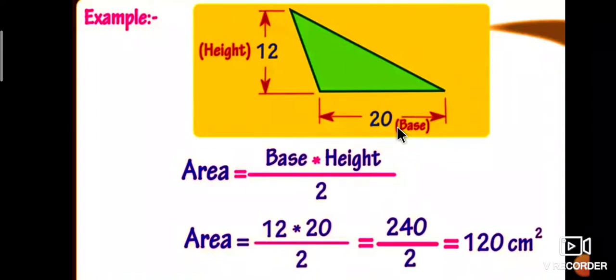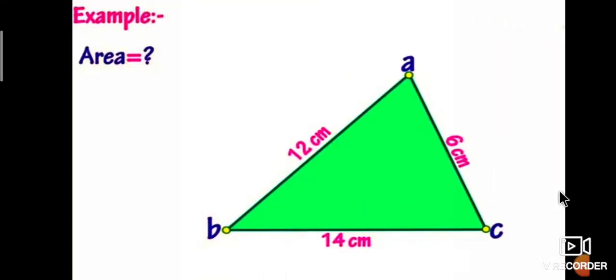According to that, the area of a triangle is equal to half into base into height. Area is equal to 12 into 20 divided by 2. 12 times 20 is 240, divided by 2, that is equal to 120 centimeter square.